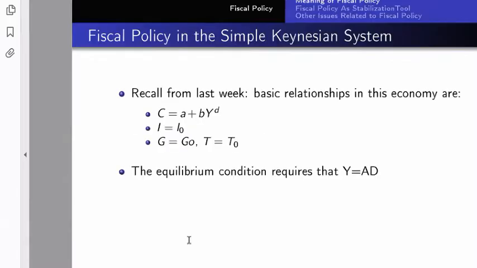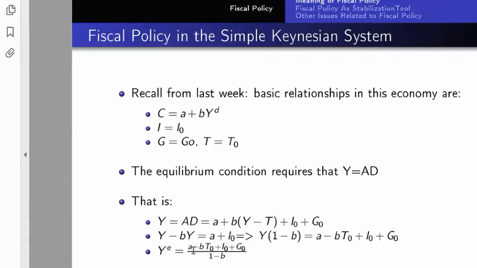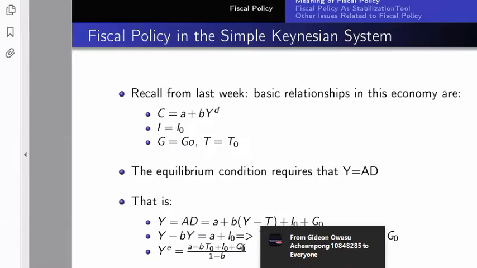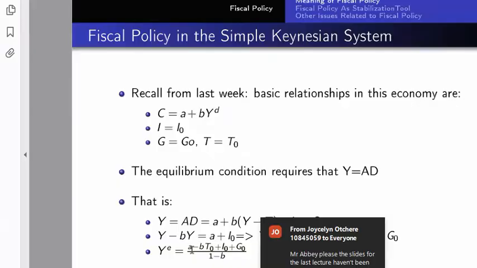And if you differentiate this with respect to A, what you get is 1 over 1 minus B. If the differentiation is the word that is carrying you, what is the slope of this equation when T0 is equal to 0, I naught is equal to 0, and G naught is equal to 0? Okay, remove this differentiation. What will be the slope associated with this A? It is 1 over 1 minus B.